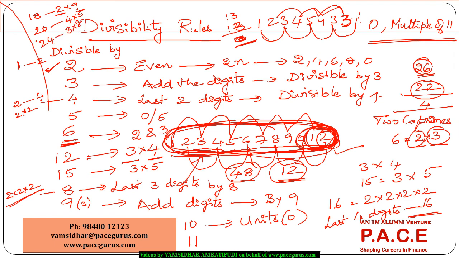So wherever I can express a number as the product of two co-primes, if the number is divisible by both of them separately, then it is perfectly divisible by the product of those numbers as well. That's one more important point that we need to understand as a part of this topic.